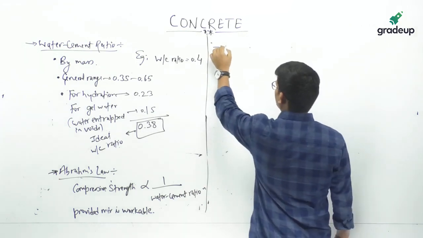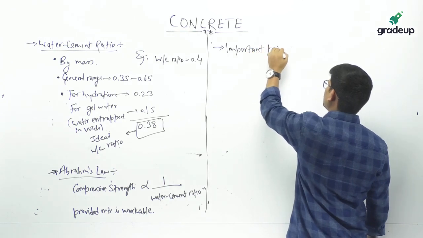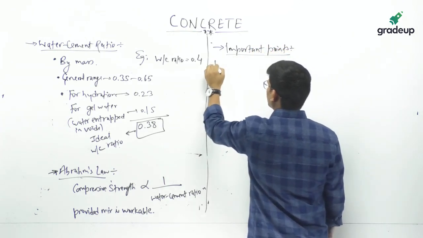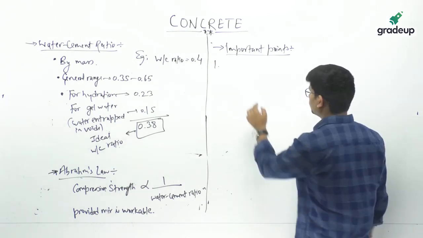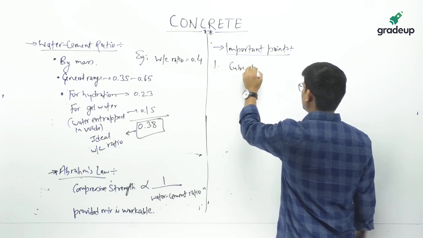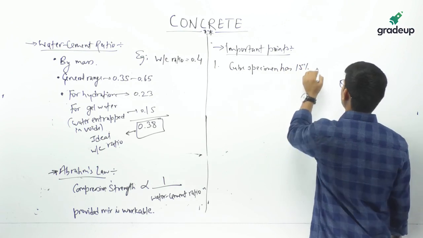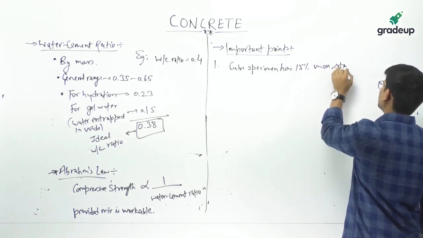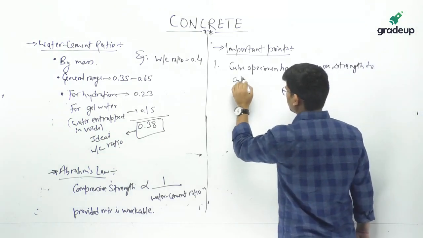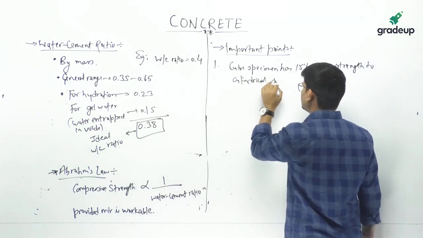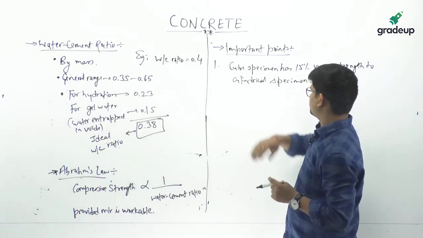Now there are certain important points with respect to the compressive strength. The first among these is that the cube specimen has 15% more strength than the cylindrical specimen.